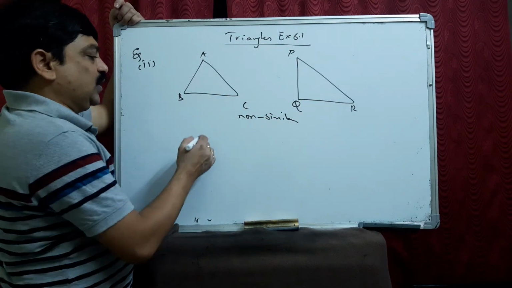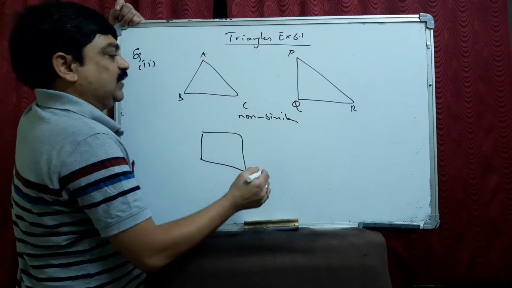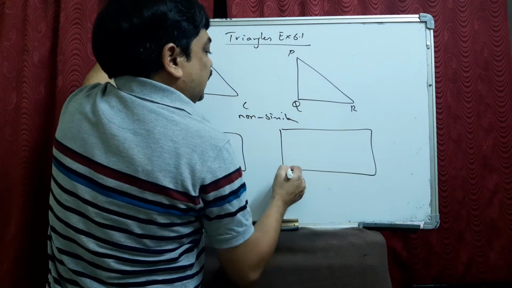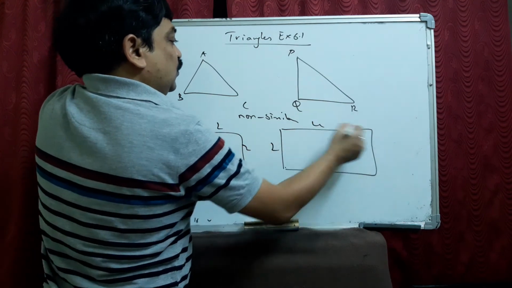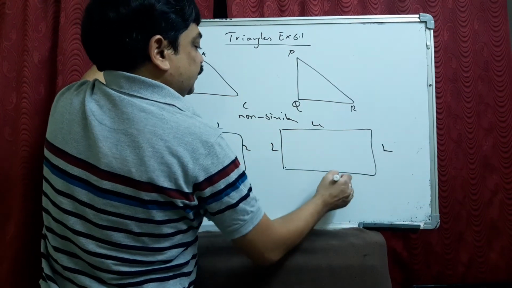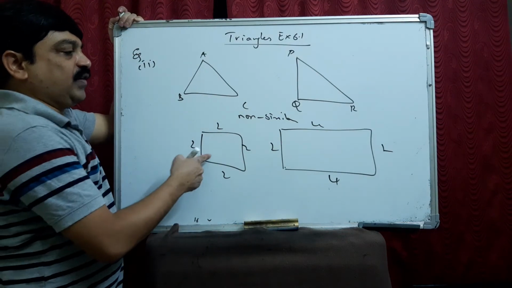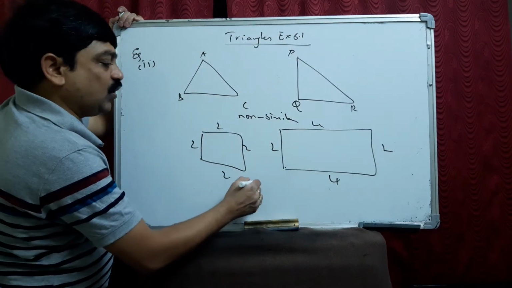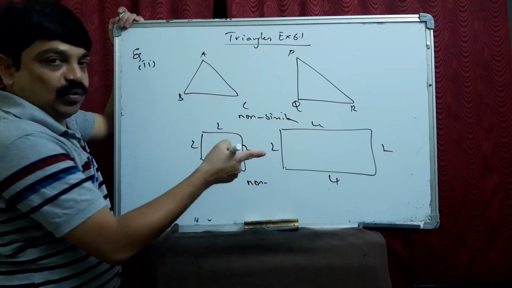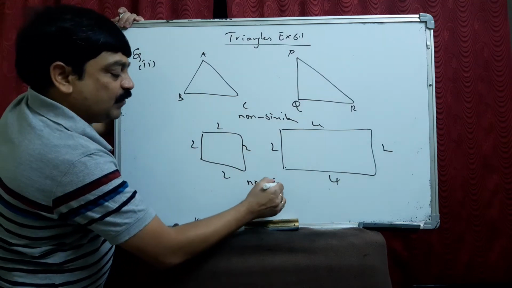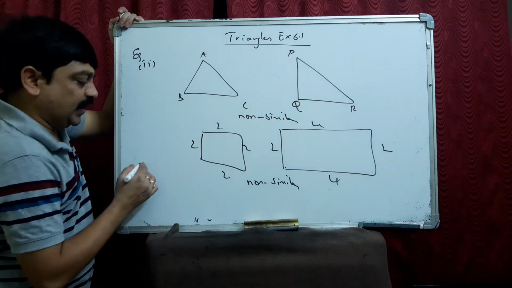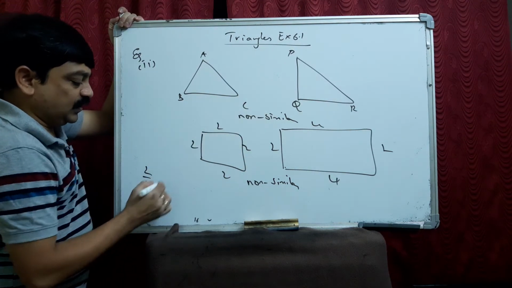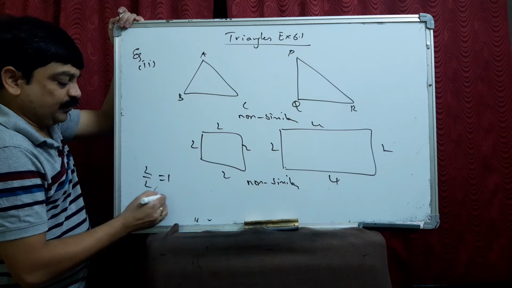And one more thing. You take a square here with sides 2, 2, 2, 2 and you take a rectangle with sides 2, 4, 2, 4. A square and a rectangle. These are also non-similar. Why? Corresponding angles are equal, no doubt. But corresponding sides are not in the same ratio. See, 2 by 2 is 1, but when you take 2 by 4, it is 1 by 2.